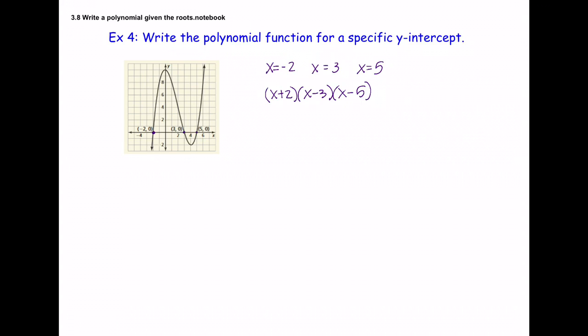When we distribute our first two out, we get x squared minus 3x plus 2x minus 6. Combine your like terms and you get x squared minus 1x minus 6.